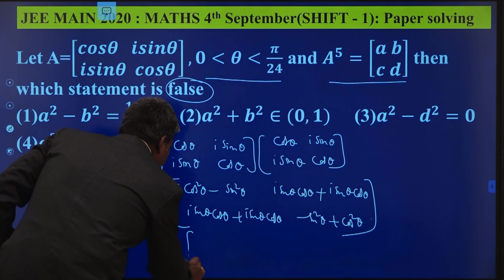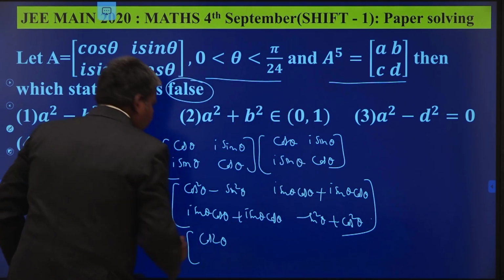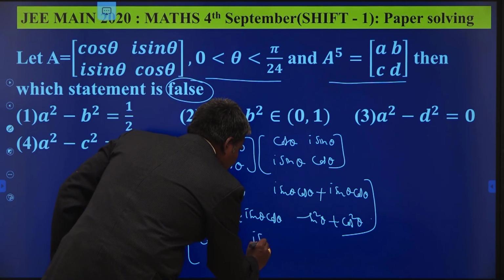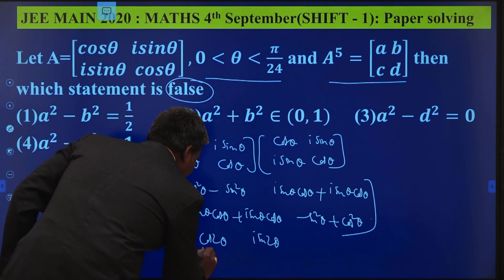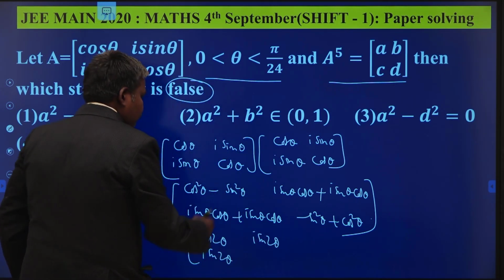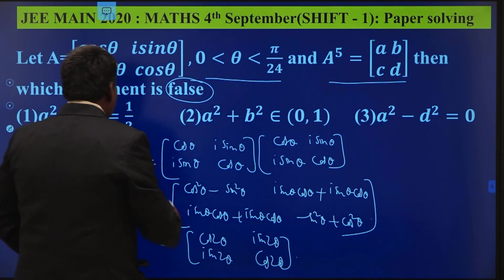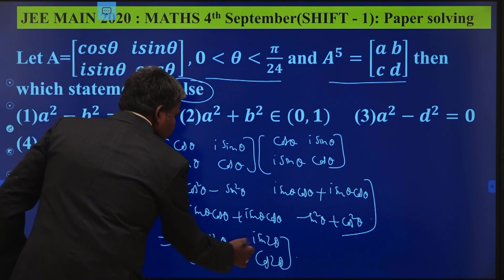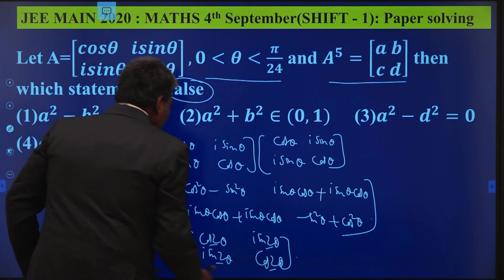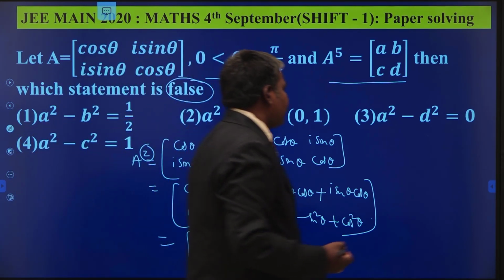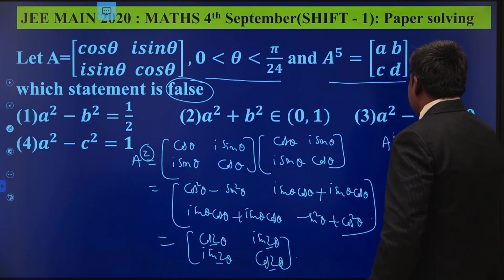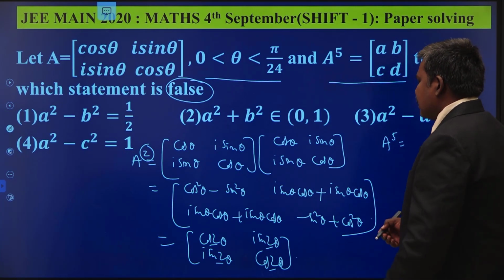So this is nothing but cos 2 theta, i sin 2 theta, i sin 2 theta. This is again cos 2 theta. So if you square it, you have 2 here. Similarly, you can find a power 5 by multiplying with a and so on, we get cos 5 theta.